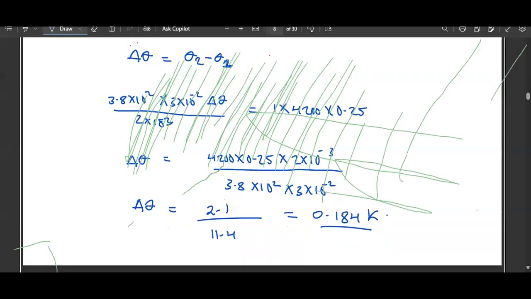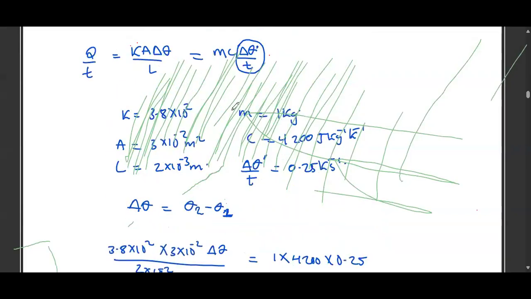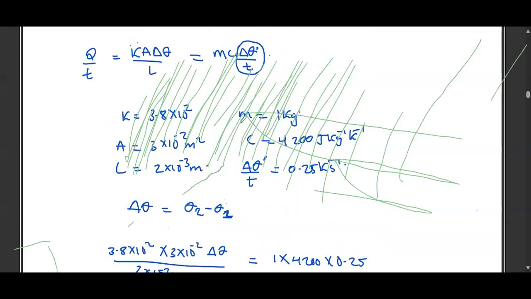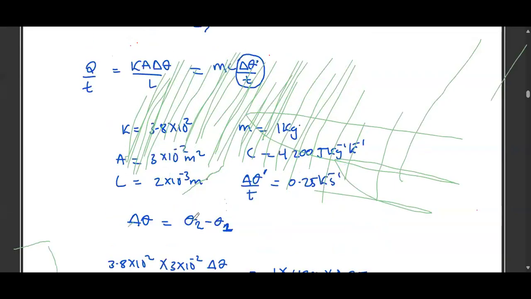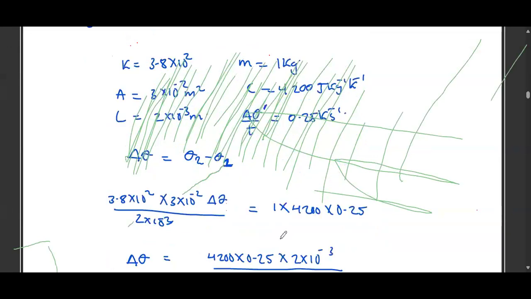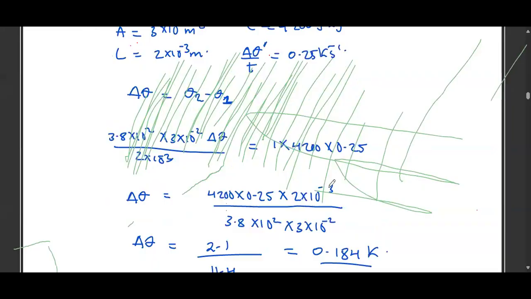That is going to be our working. When you substitute in this equation, K, you're starting for area, delta theta is not known, divided by the thickness, M is 1 kilogram, C is 4,200, and delta theta divided by T is given as 0.25.